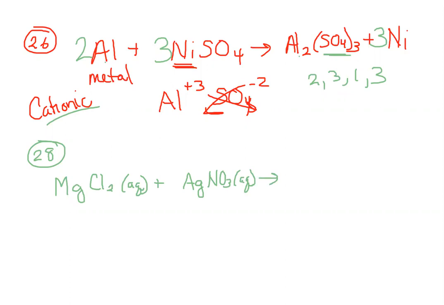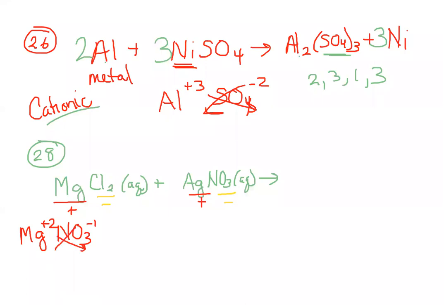So Mg, I'll use red for plus. Okay, Mg has a plus and Ag has a plus, and Cl is negative and NO3 is negative. So now we're going to put Mg with a new negative, which is going to be NO3. So the charge for Mg, magnesium, is +2, and NO3 is nitrate, which is -1.